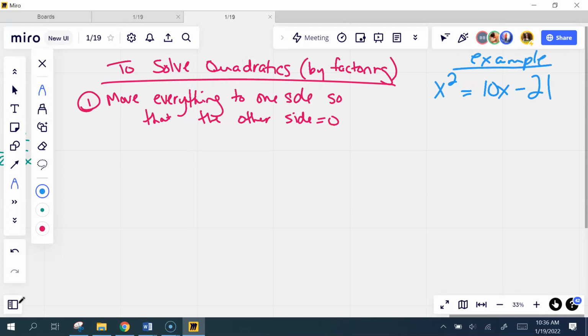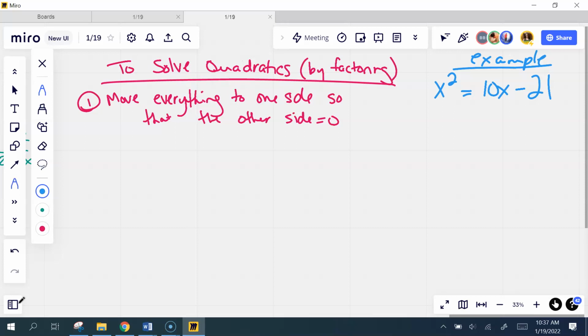If I need to move everything to the same side, I would make a note: always try to keep your leading coefficient positive. So move everything to the side where your leading coefficient will stay positive. Leading coefficient means that x squared term, that very first ax squared term, right? So what should I move here to make this equal 0?